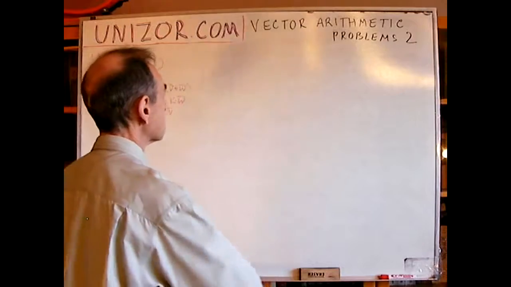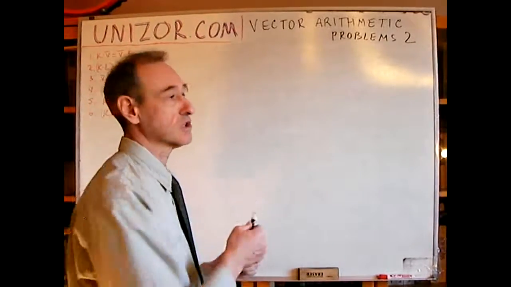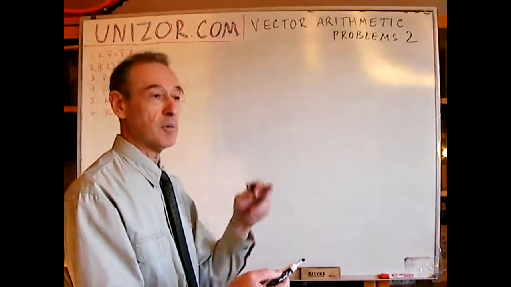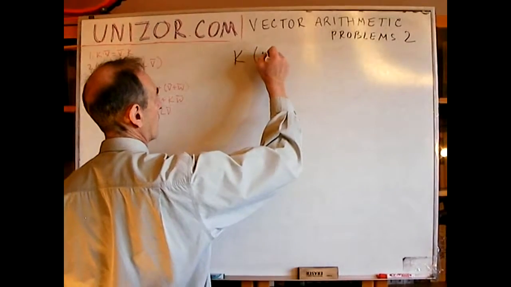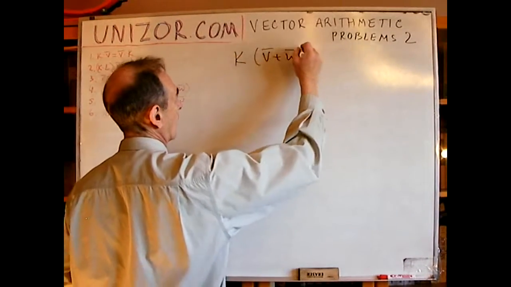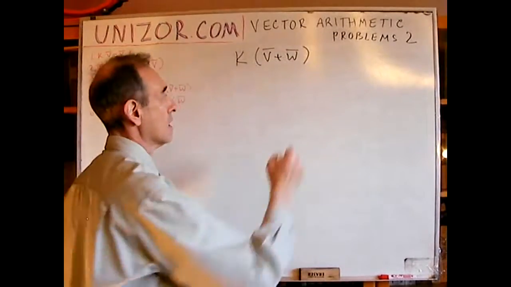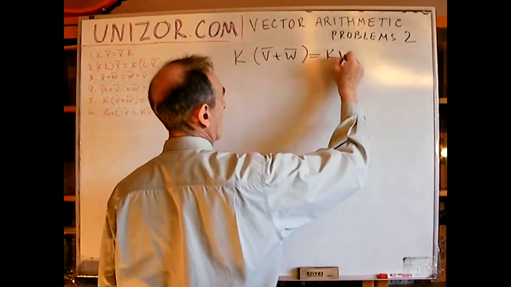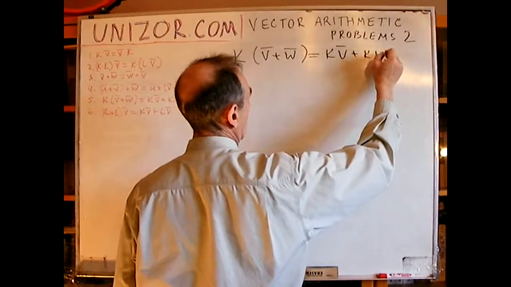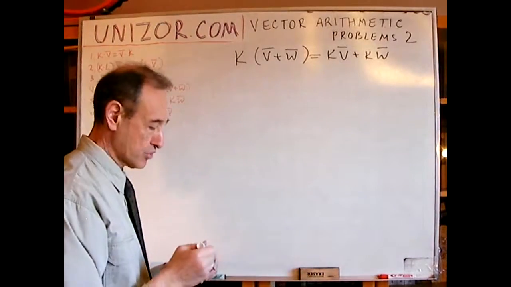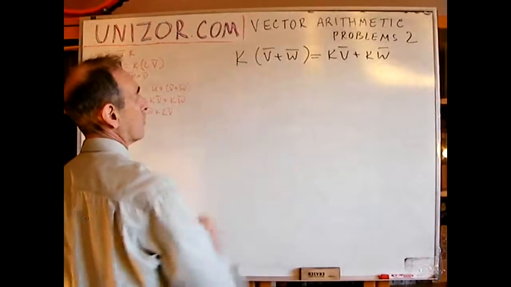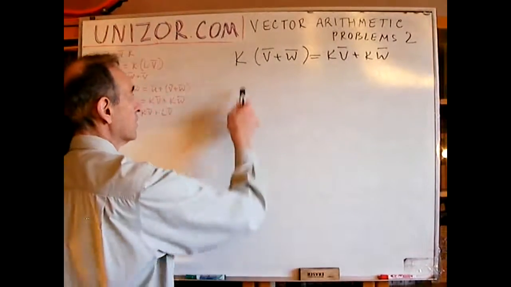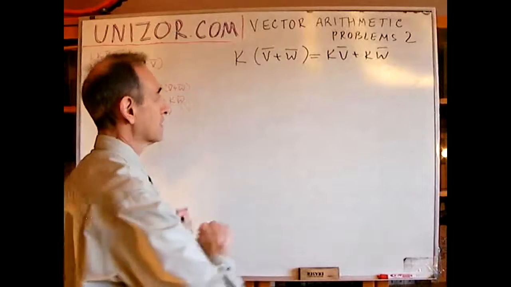So the question is, what are we distributing? We're distributing addition of vectors multiplied by a constant, that's the distribution of addition towards multiplication.